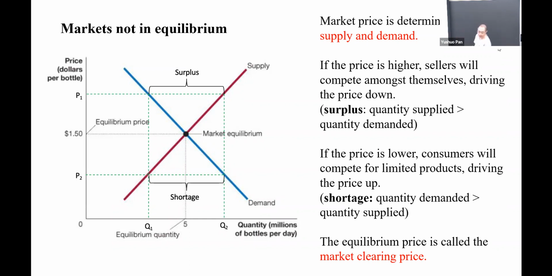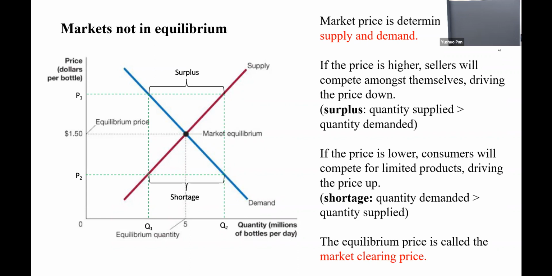In this scenario, because the price is lower, suppliers or sellers have less profit. So a lot of them do not want to produce this product because they prefer higher profit. And consumers want to buy more because their opportunity cost is lower.